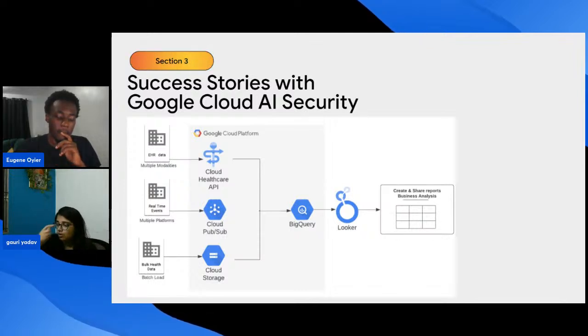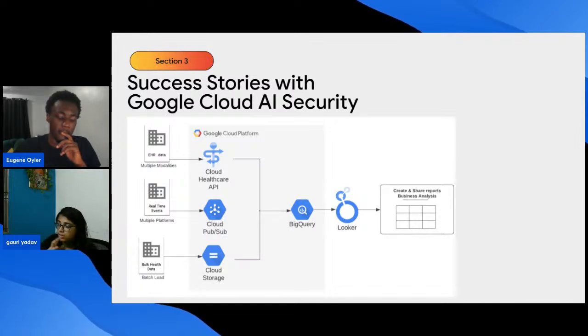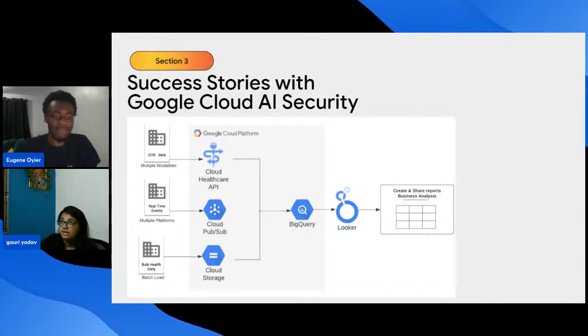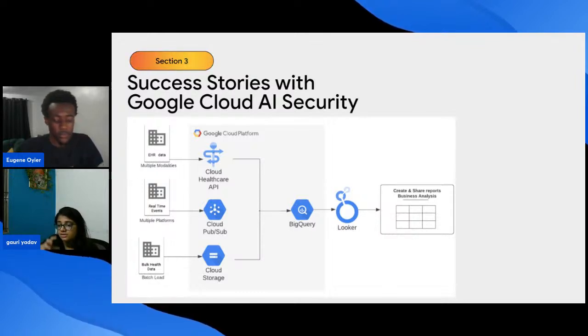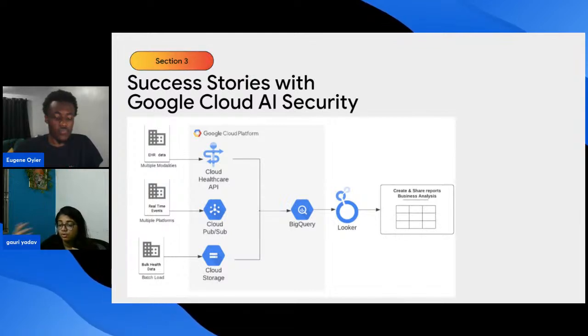According to one piece of research, over 500 Fortune companies, which are the companies that generate the maximum profit every year, are choosing Google Cloud AI security systems in their security postures.